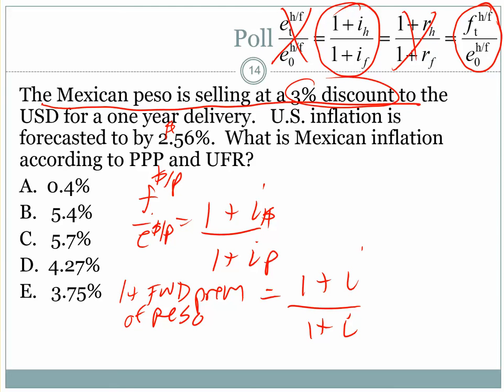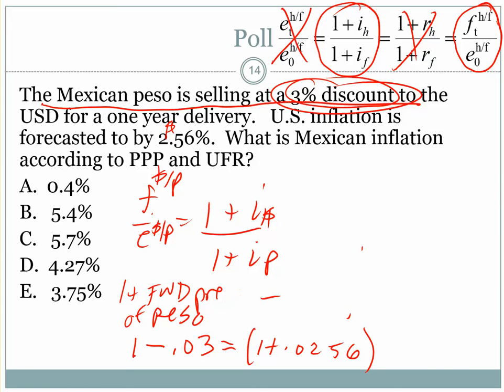So now I can answer this problem. 1 plus the forward premium of the peso, that was given. It's at a 3% discount, so I'm going to say 1 minus 0.03 is equal to 1 plus inflation in the U.S. over 1 plus inflation in the peso, or Mexico.